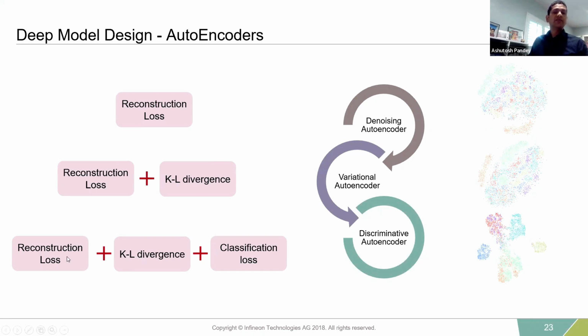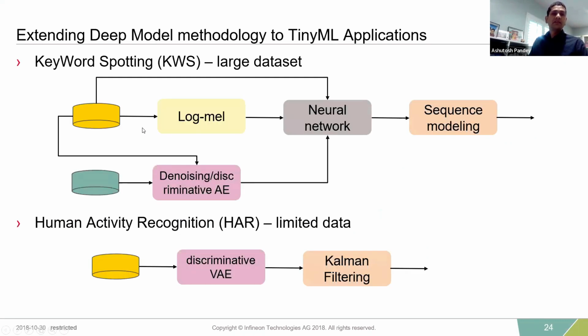The next one is the discriminative autoencoder. In machine learning, a lot of problems we do are discriminative classification, and we found that a discriminative autoencoder can be a very powerful tool there. We applied it to two applications: keyword spotting and human activity recognition. We will show some results here.